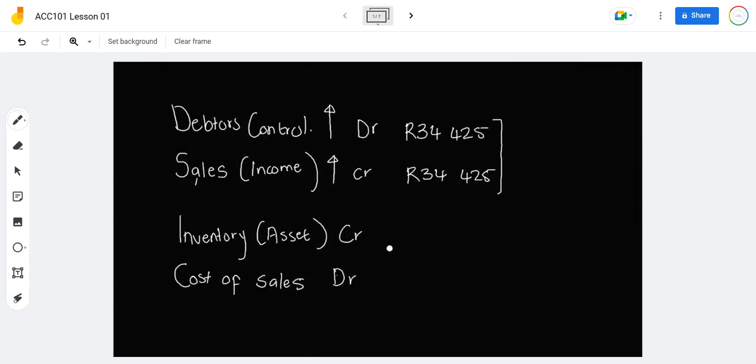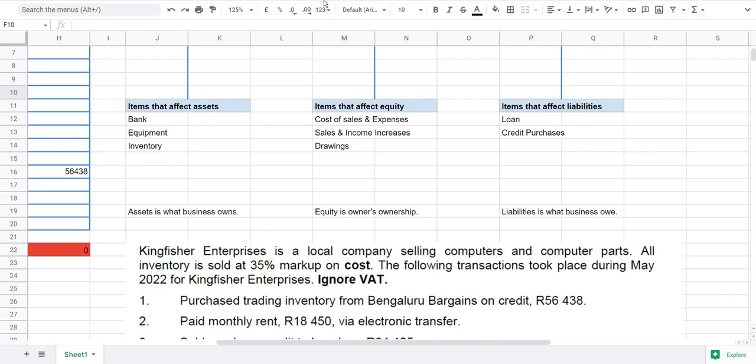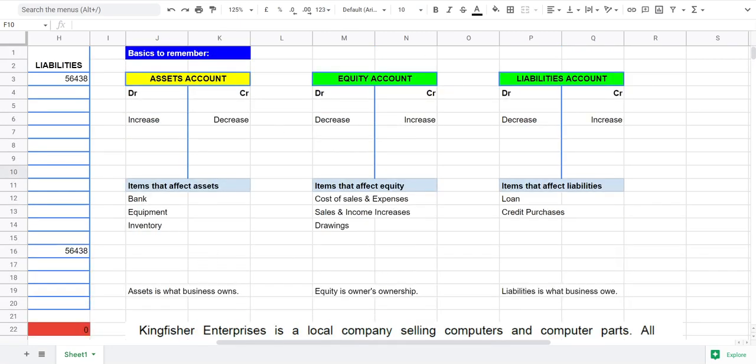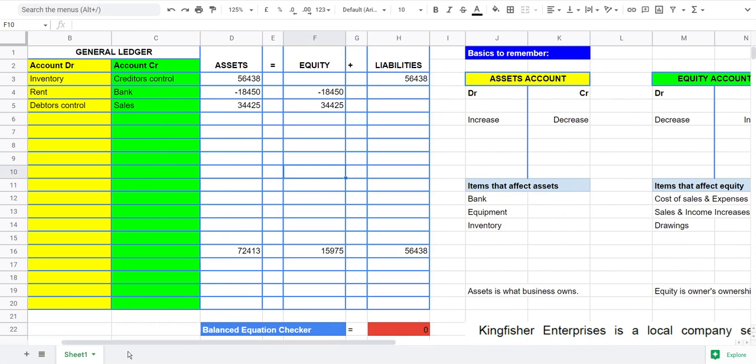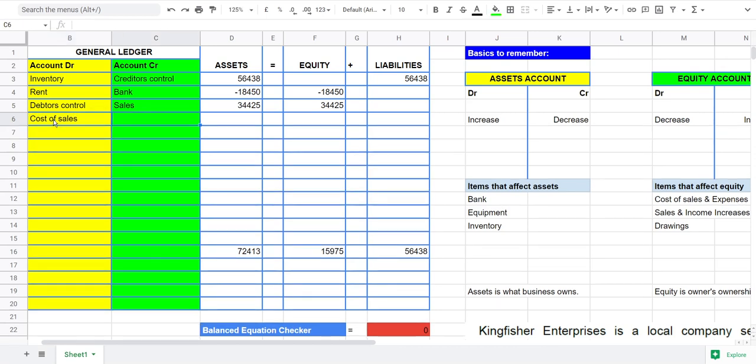We're going to show that the inventory has decreased by 25,500. All right, and the cost of sales as well has decreased by 25,500. So remember, you're going to debit the cost of sales and then credit the inventory.